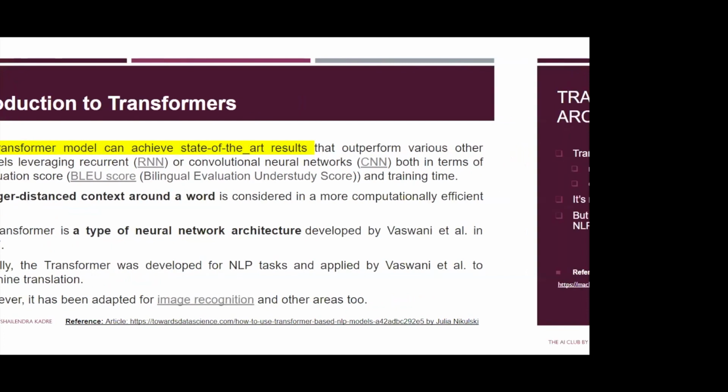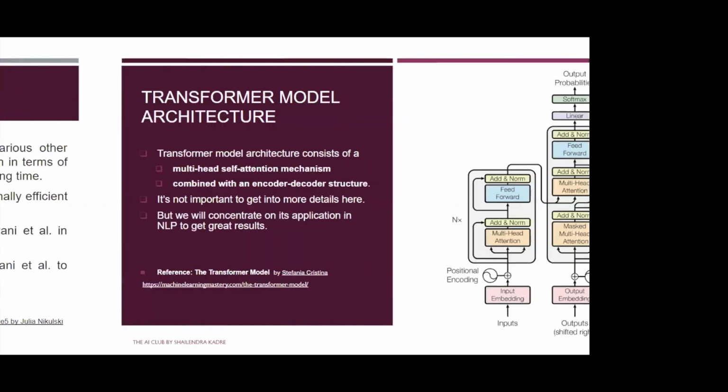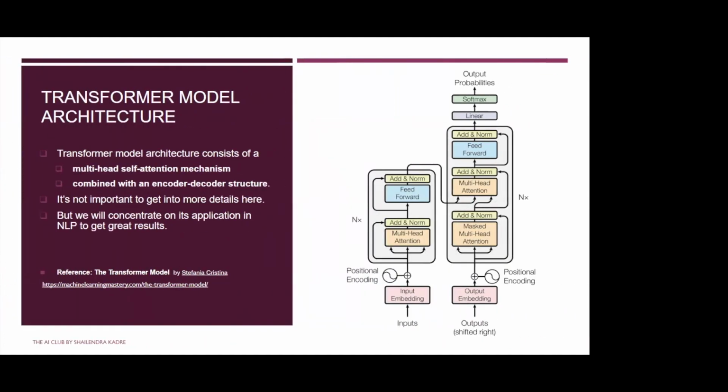We'll move to BERT. Right now we have here the architecture of a transformer. This basic architecture shows a multi-head self-attention mechanism. If you see here, there are multiple attention mechanisms. What is that? It will find relations and context between words.